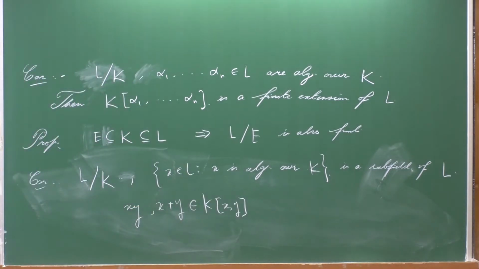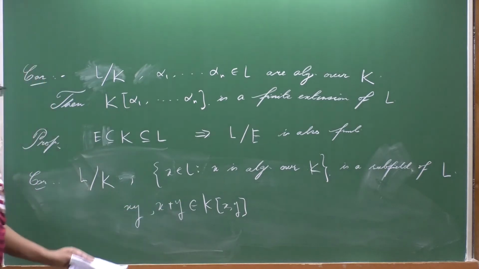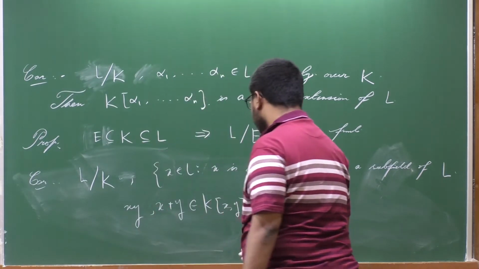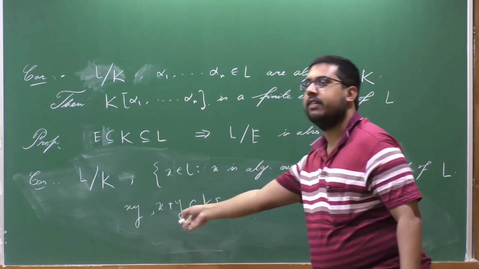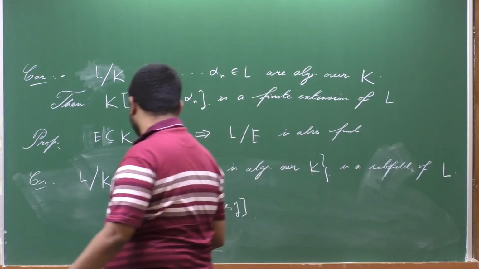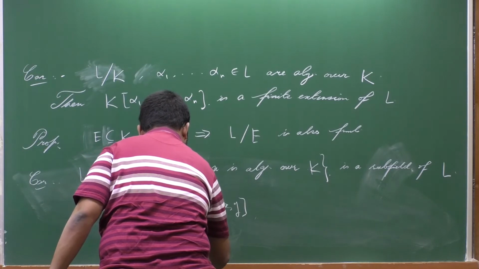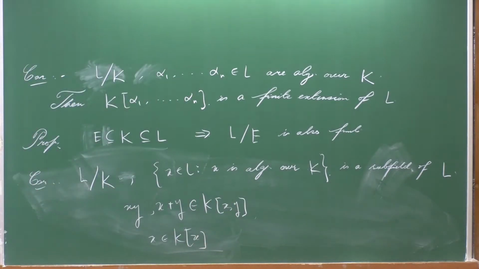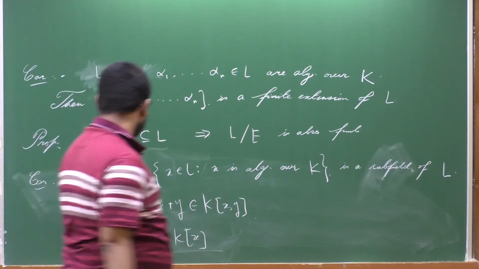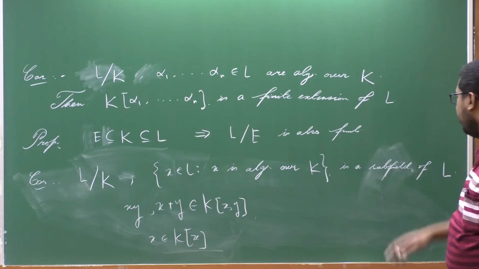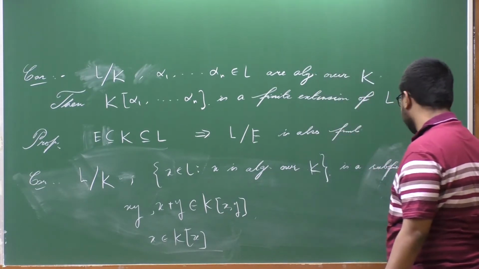Thus both of them will be algebraic over K, and the existence of an inverse is also quite obvious. Because an element x is contained inside K(x), which in the case of an algebraic element is a field, of course x has an inverse. So given an extension of fields, the set of all elements in the top field which are algebraic over the bottom field is therefore a subfield of L.